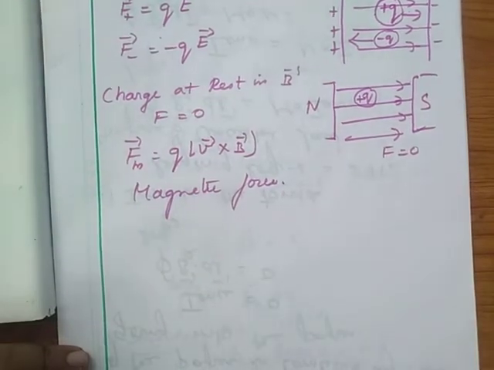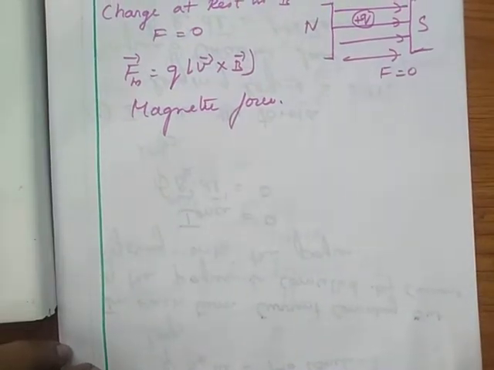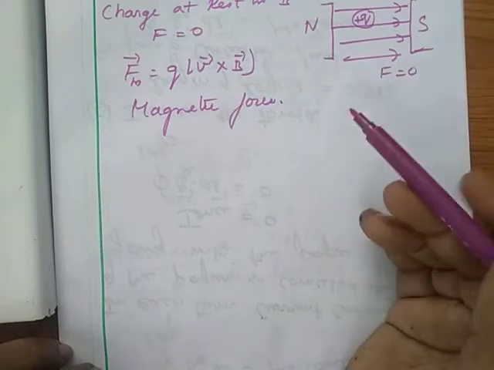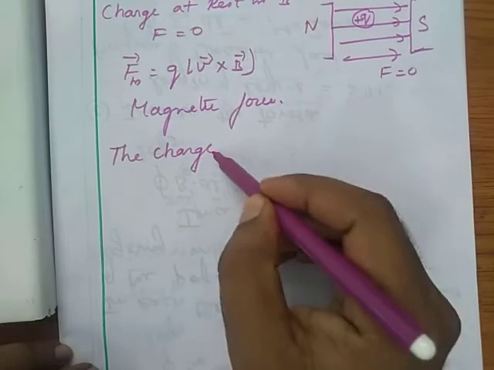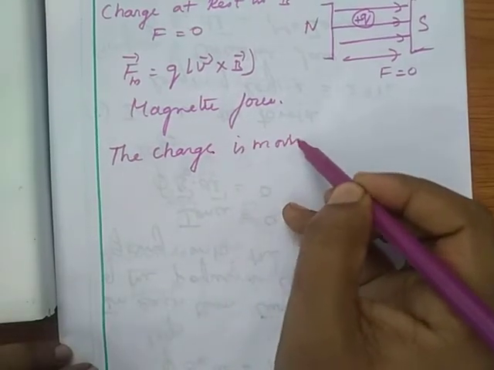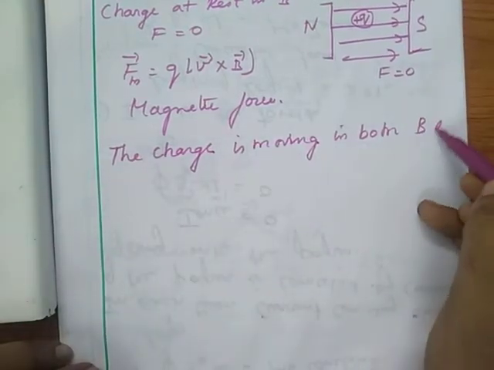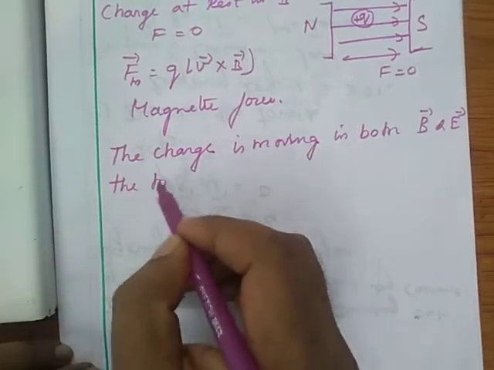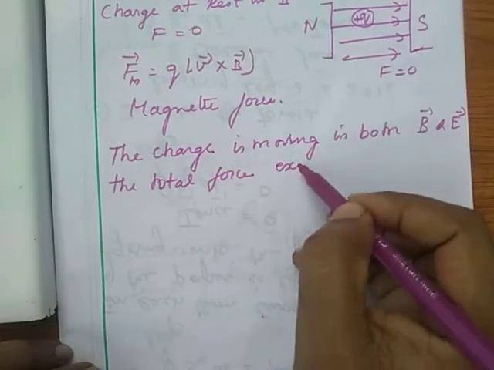If the charge is moving in both electric and magnetic field, then the total or net force experienced by the charge is known as the Lorentz force.